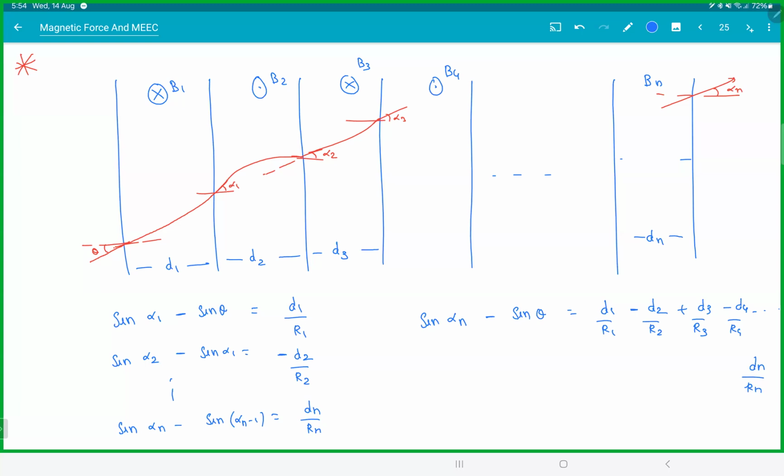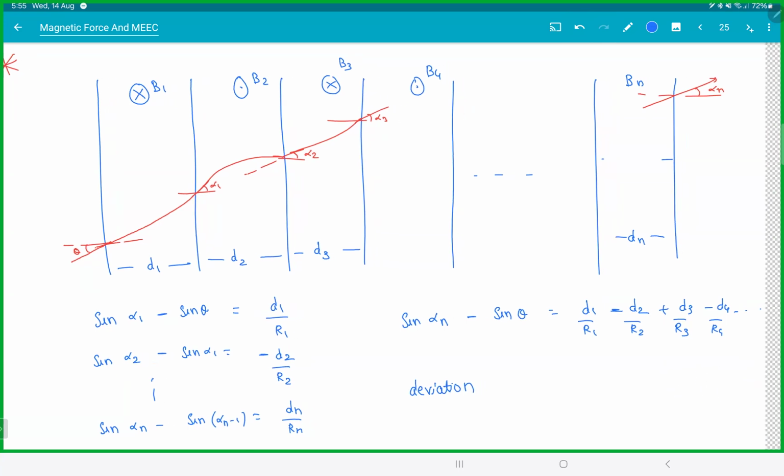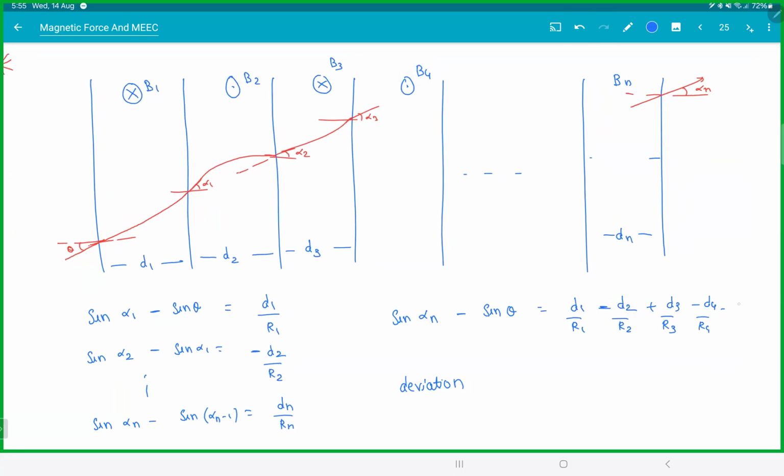Now, if all are in the same direction, all will add up. If B1, B2, B3 are all in the same direction, you just put a plus sign everywhere. If the field is reversing, then you put a minus sign. Hope you're getting it. And what is the deviation here? So on till dn by rn.